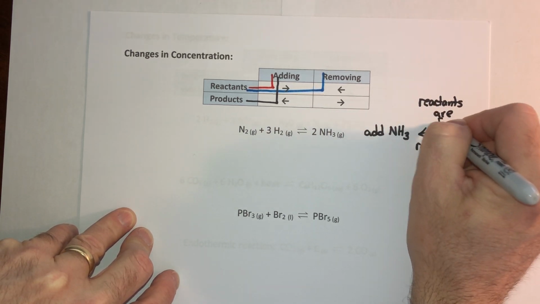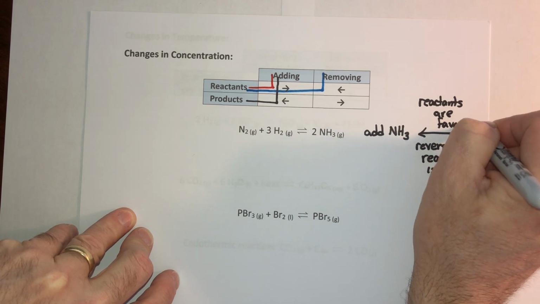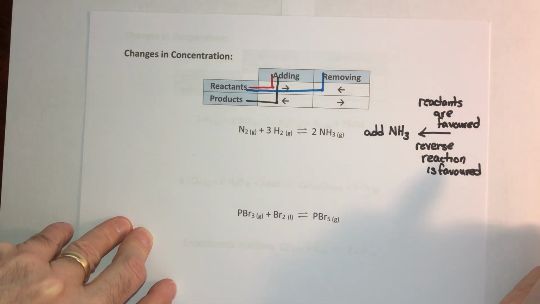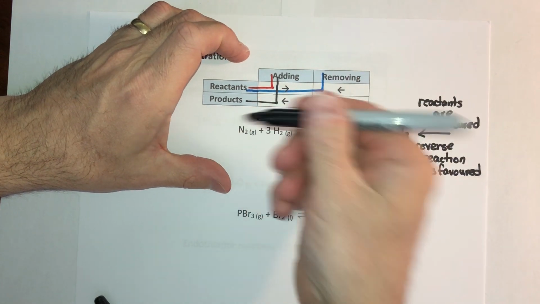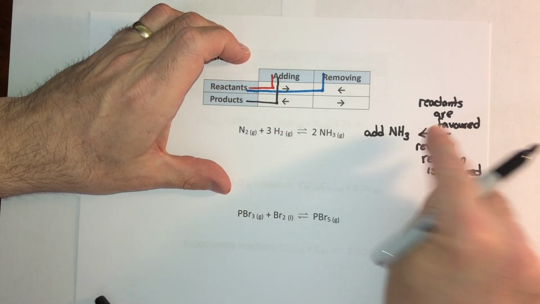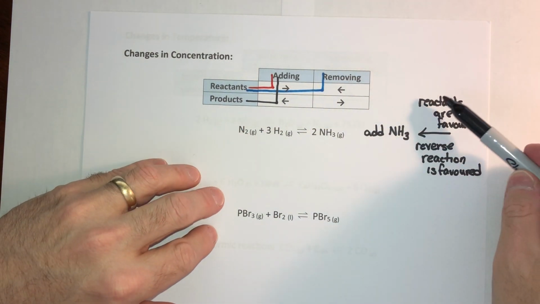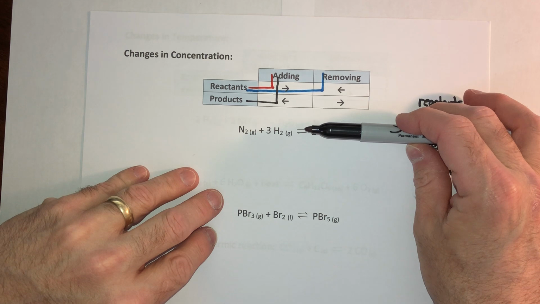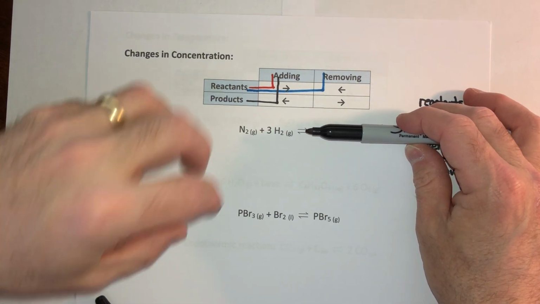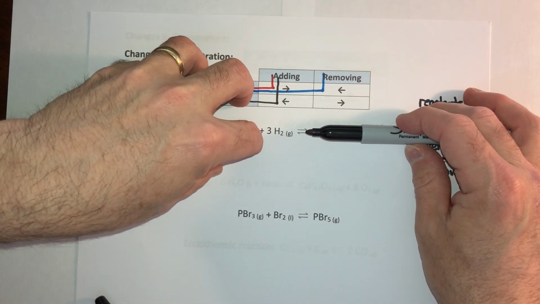There are a couple of different ways to show it. So if you've decided that the whole thing is going to go backwards, you could just draw an arrow showing backwards. And that shows that the reaction is going backwards. Or you could say reactants are favored, because if this reaction is going backwards, what are you making? Making reactants. So the reactants are being favored.